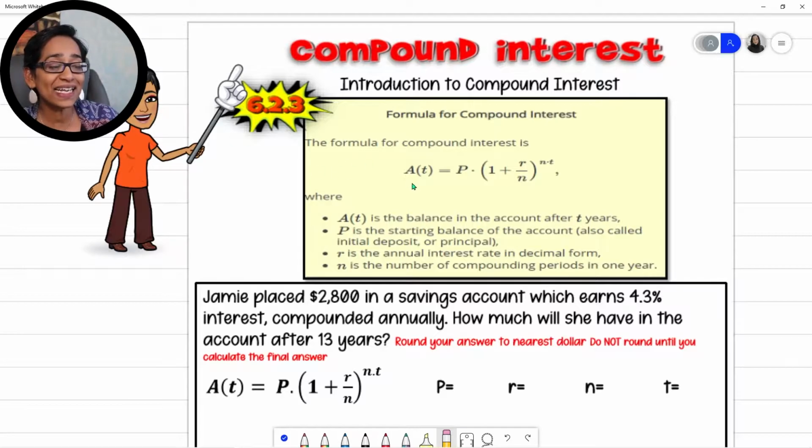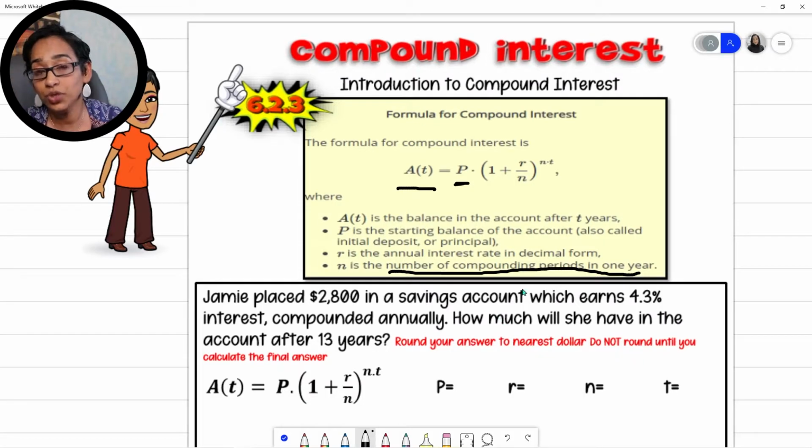All right, let's go ahead and take a look at the formula here. The formula is A(t). Again, please make sure you have these formulas ready when you're working with these problems. It's very important. A(t) is the principal amount P times parentheses 1 plus r over n, where r stands for rate and n stands for the number of compounding periods in 1 year.